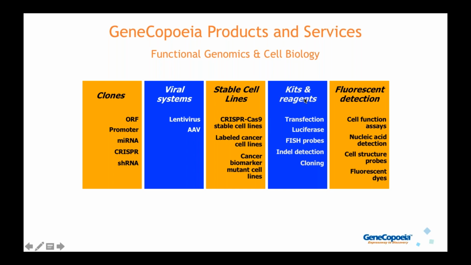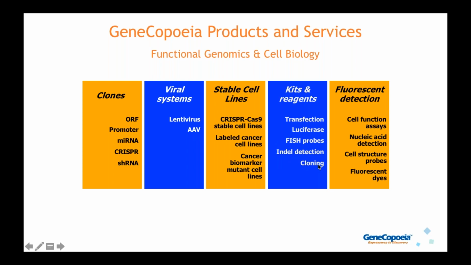In addition, we have a number of kits and reagents, such as transfection reagents. We have our own Endofectin line of transfection reagents for various types of cell lines. We have luciferase assay kits for either the classic Firefly luciferase system or the Gaussia luciferase system for secreted luciferases. We have FISH probes, fluorescence in situ hybridization probes, indel detection kits.